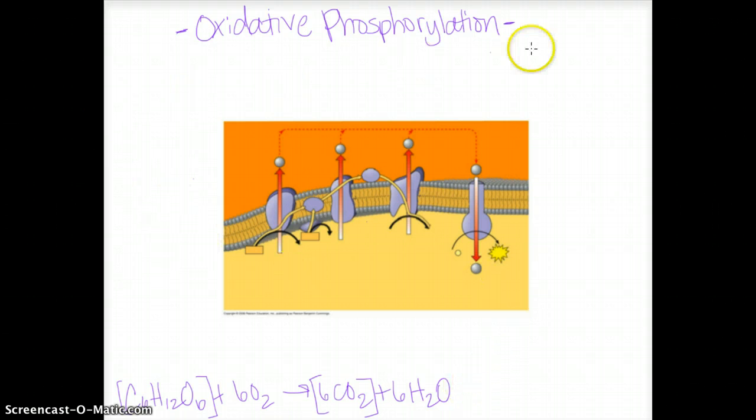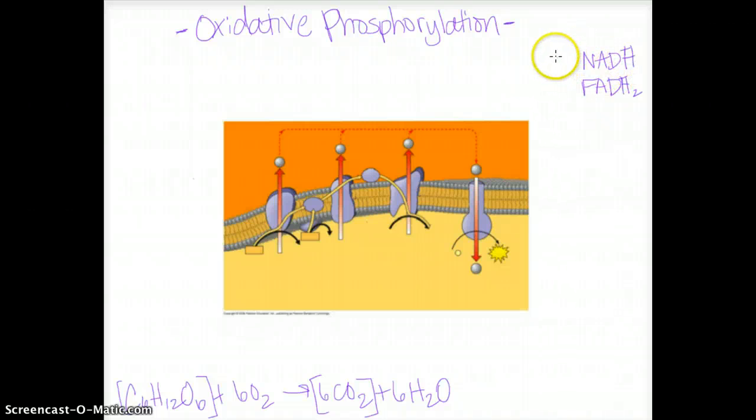Just as a quick review, you need to know that we have been talking about our electron carriers, NAD and FAD. NAD and FAD are both reduced when they gain electrons in the form of hydrogen atoms, so they look like this: NADH and FADH2.